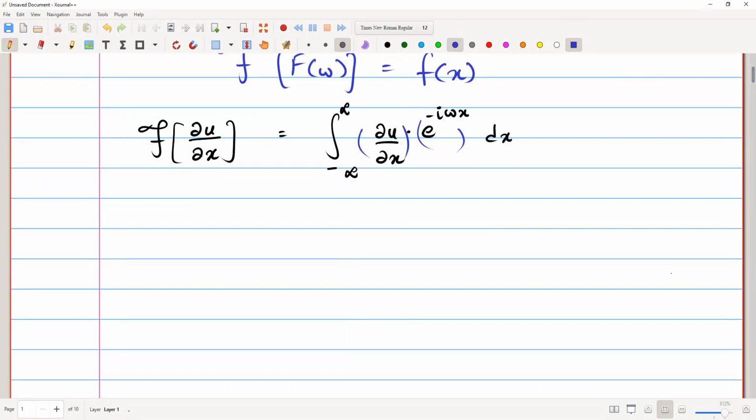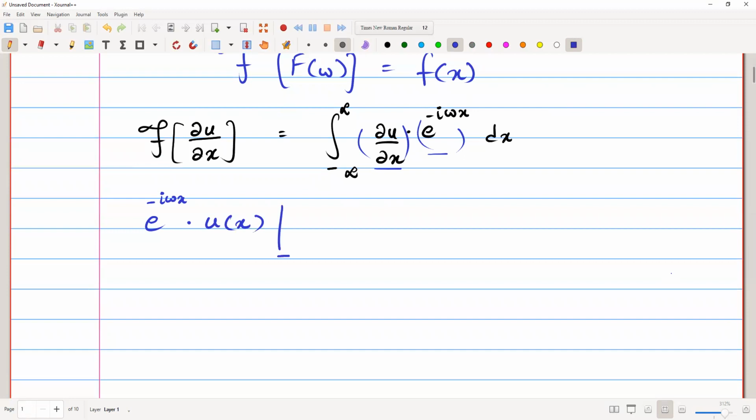When we apply the product rule for integrals, keeping this as a second function and this as the first function, we are going to get e to the power negative iota omega x times, now this is the derivative dou u over dou x. When we integrate this, we get u of x simply, right?